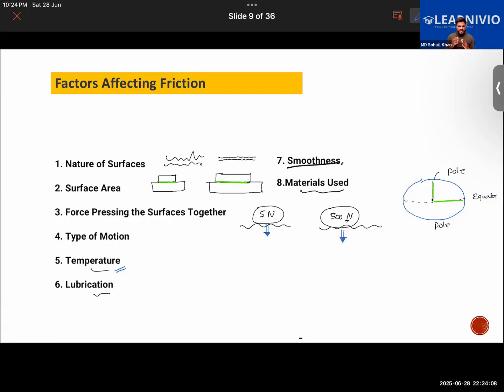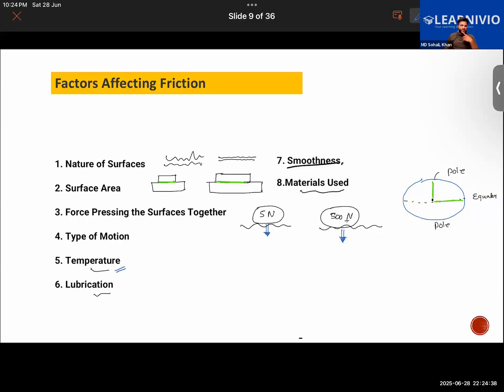Why? Because the irregularity on the surface will increase, and the surface will become irregular. As the temperature is increased, many objects expand, which causes their surface to become rougher. At a very microscopic level, we see that the surface has become rougher, and then it leads to an increase in the friction. Getting what I'm trying to say?